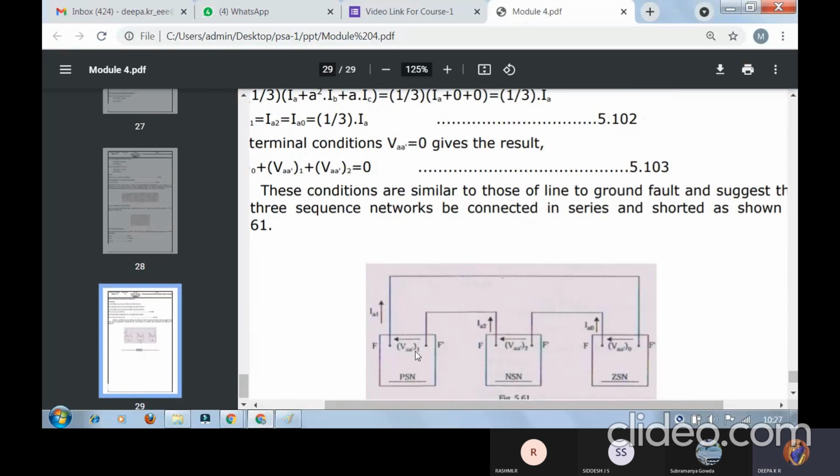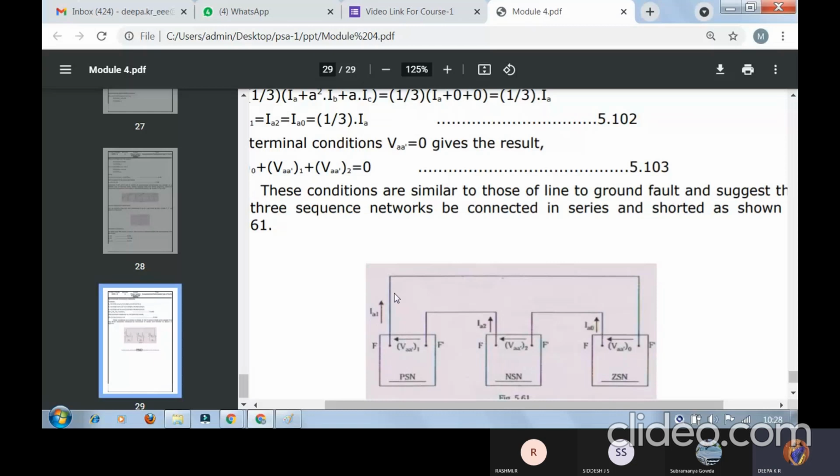The potential differences at each point are VAA1, VAA2, VAA0. Positive sequence is connected to negative sequence, connected to zero sequence, connected back to positive sequence. That means a complete series connection. The current flowing through this complete system is common; the path is common. I am getting only one loop, connected from starting end to finishing end, and finishing end back to starting end.